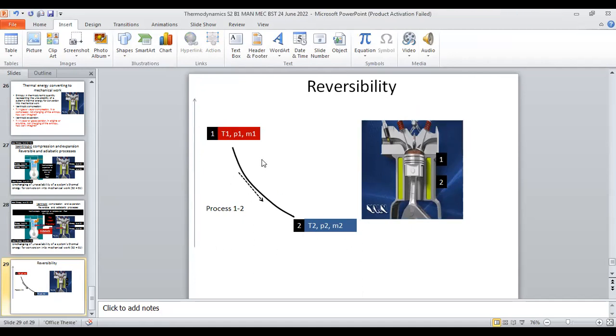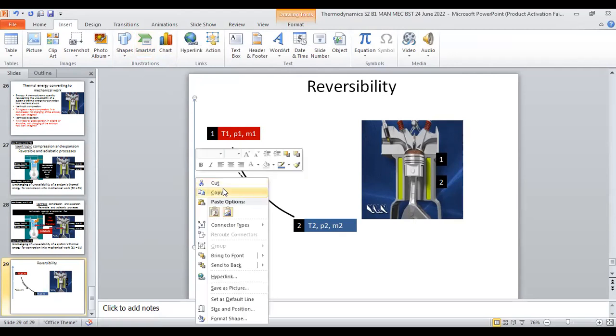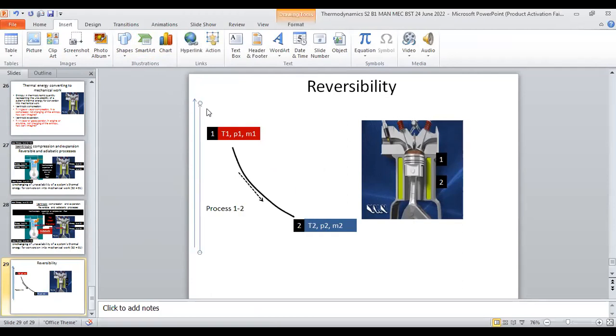And here, even the volume maybe, the volume is increasing. No issues. P and V. Or even M, M is the same.